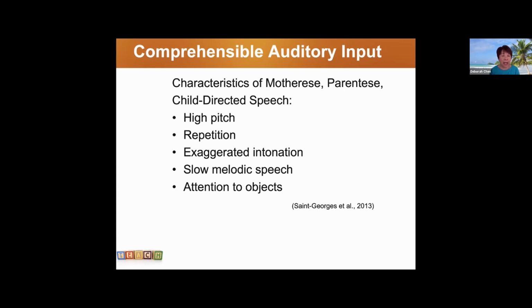So use of a high pitch, repetition, exaggerated intonation, slow, melodic speech, and showing objects so that the child can get the meaning between what is said and what is meant. It's very concrete in the beginning.